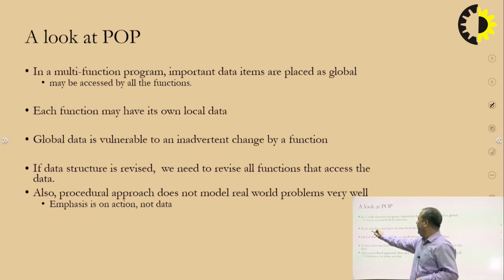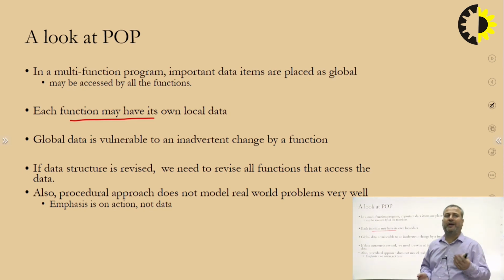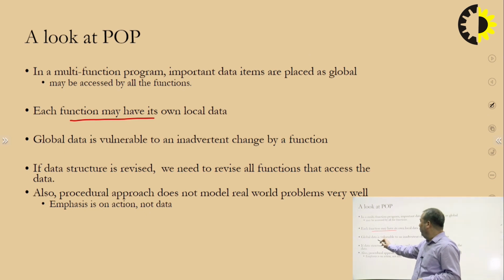In addition to that, each function may have its own local data. There could be global data whose scope will be global throughout the entire program, and every function could have its own local data or variables. Okay, so they are using global data.